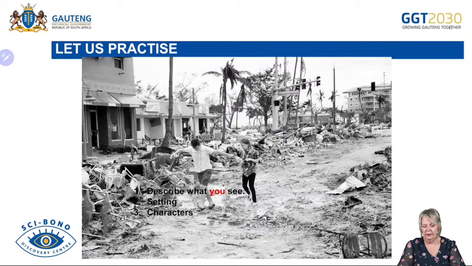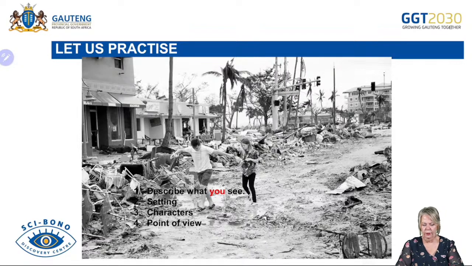So I want you to take a look at this picture, and I want you to identify that one thing. And very often when you close your eyes, you open it and you focus, something will jump out at you. And that is what you are going to focus on at this point. Yet again, remember we talked about point of view.